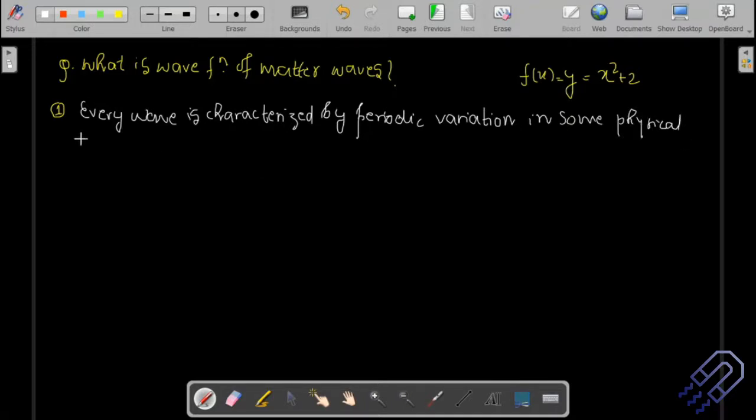So I might say it's a sound wave, or I might say it's an electromagnetic wave. So what are the variations that are actually happening?